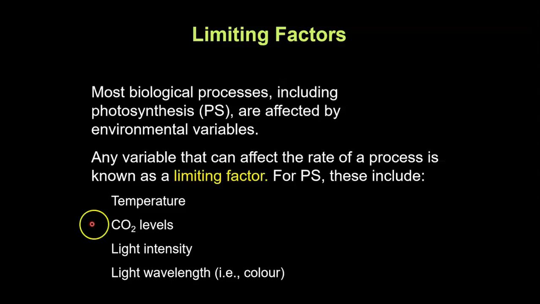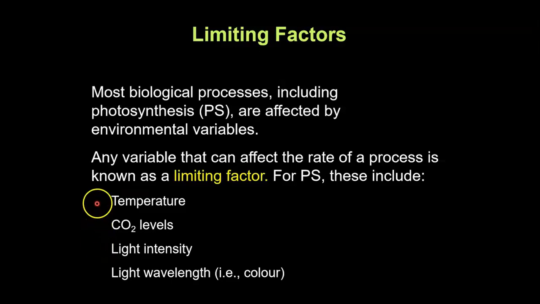If we look at these three, carbon dioxide, because it's an input at the beginning to the chemical process, if there's no carbon dioxide, then there's no photosynthesis at all. And similarly with light intensity, if there's zero light intensity, then photosynthesis can't happen at all. So as these two increase, you're going to get more and more photosynthesis, at least up to a certain level.